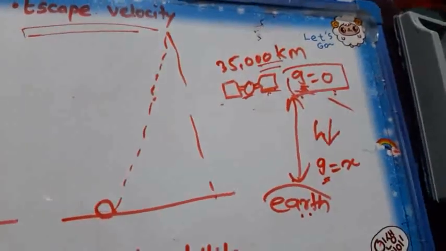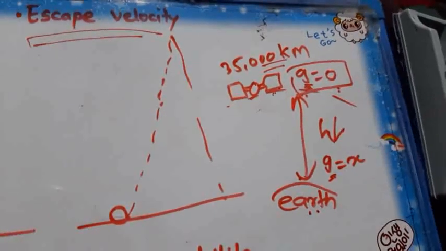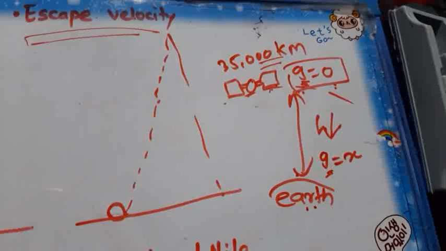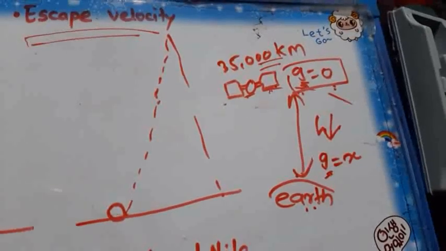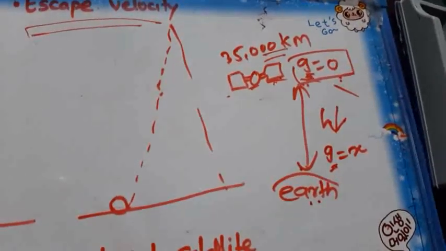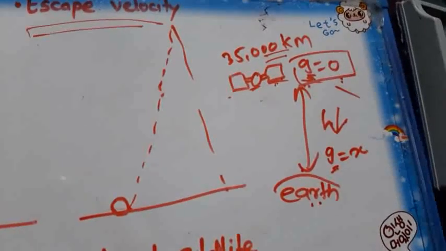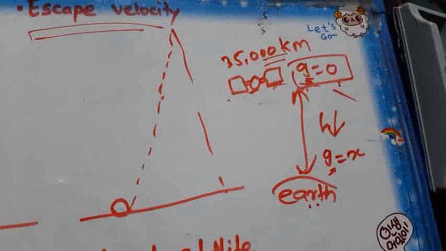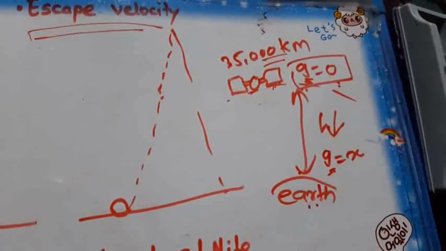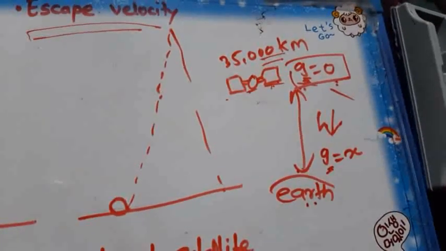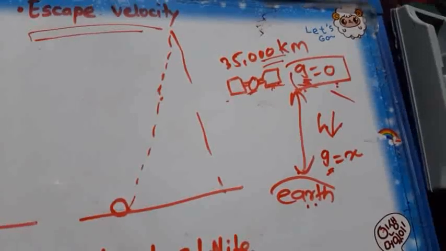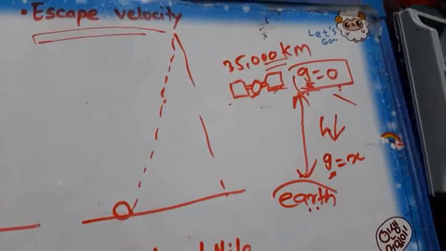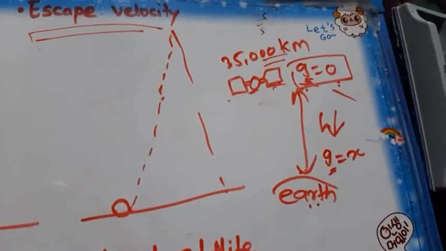Escape velocity is defined as the velocity with which the object should be projected, pushed, or launched so that it can overcome the downward pull by Earth and can escape the Earth forever. And after that, it will not come back to the Earth. This velocity is called escape velocity.